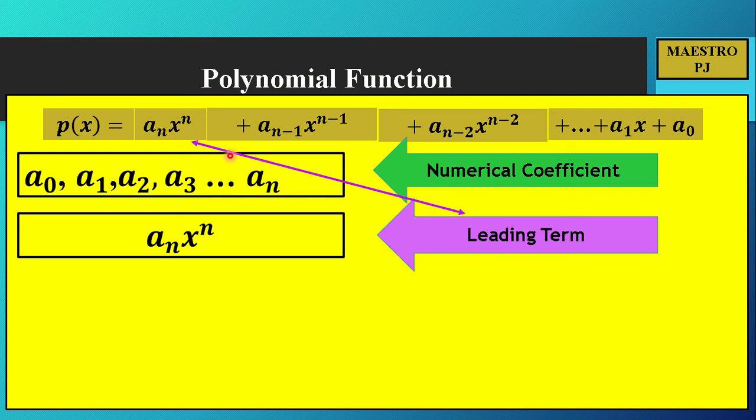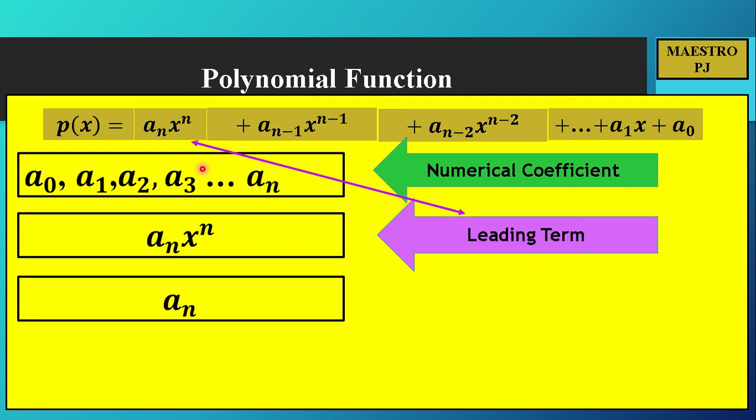Next, the a sub n, also here at the front, as we said earlier, is the numerical coefficient. So this a sub n is the numerical coefficient of the leading term.